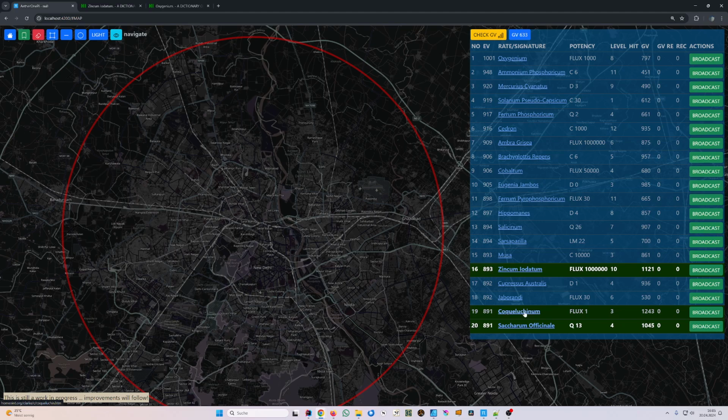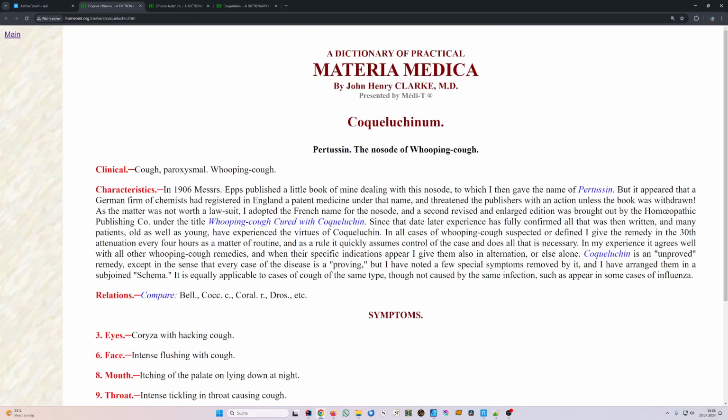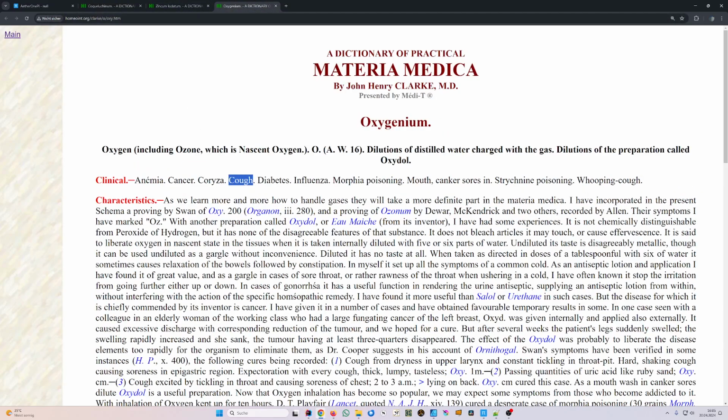So we have another remedy here. The name is too difficult to pronounce, but you can use this word here, pertussin, and it has also cough. Pertussin and zincum and oxygen all have one clinical symptom in common, which is cough.